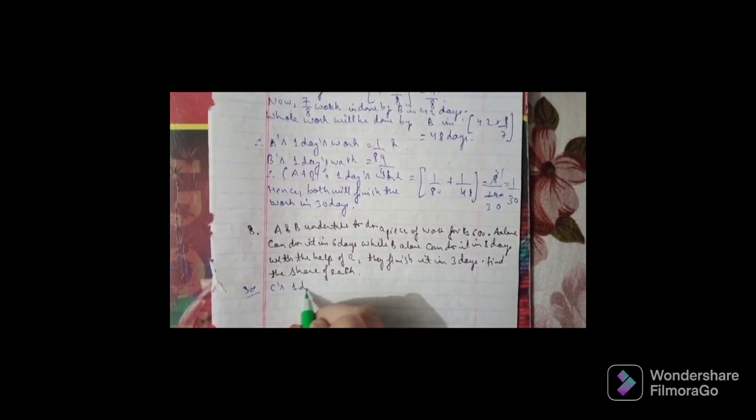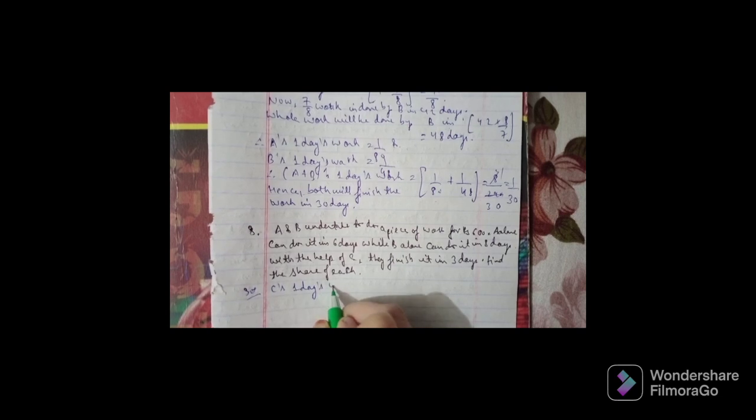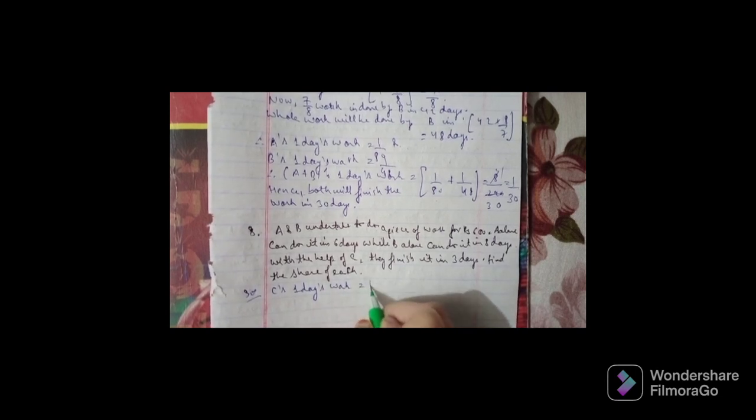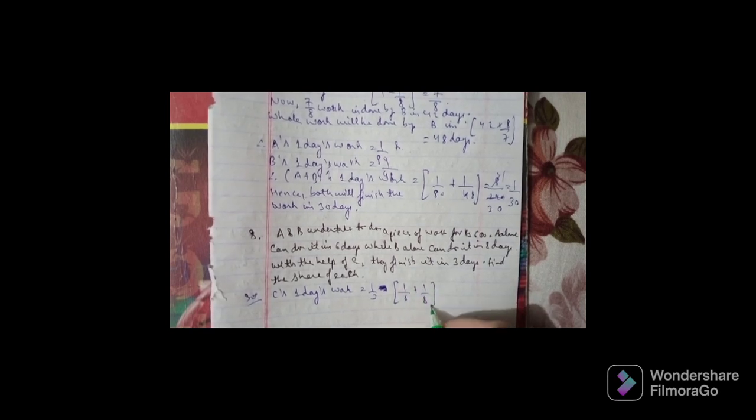C's one day's work equals 1 by 3 minus 1 by 6 plus 1 by 8, which equals 1 upon 24.